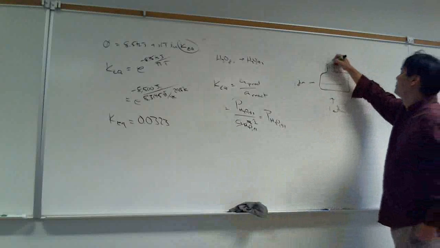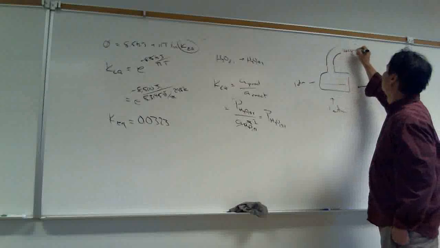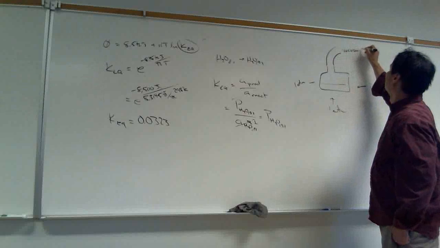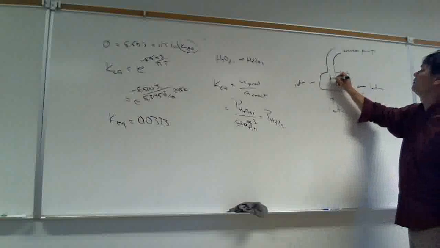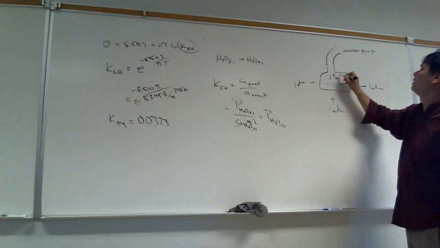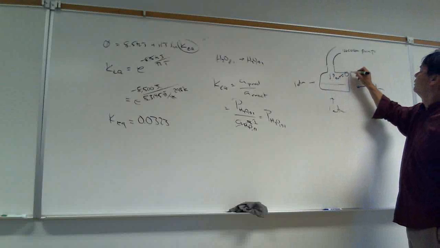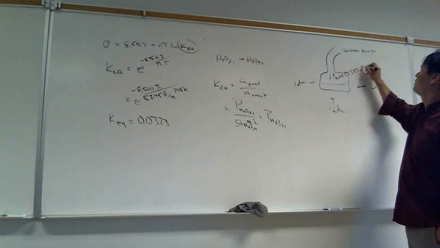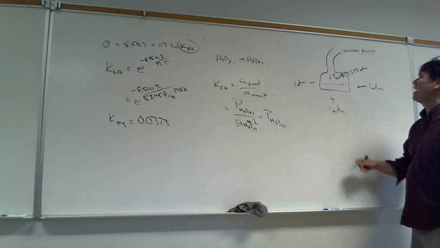But what we're going to do is hook up the water to a vacuum pump, and then decrease the pressure in here. This would be called the external pressure. If we decrease the pressure to 0.0323 atmospheres or less, then what's going to happen to the water?